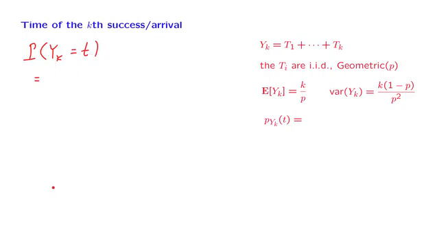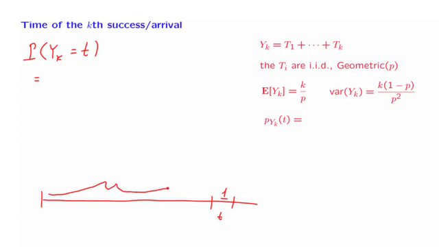Now, what is this event here? This is the event that the kth arrival occurs at time t. So this means that at time t we have an arrival, but for this to be the kth arrival, we must have k minus 1 arrivals in the previous time slots, of which there's t minus 1 of them.